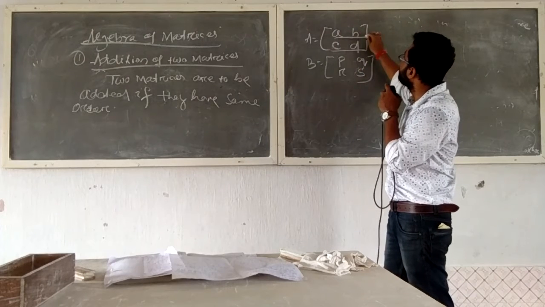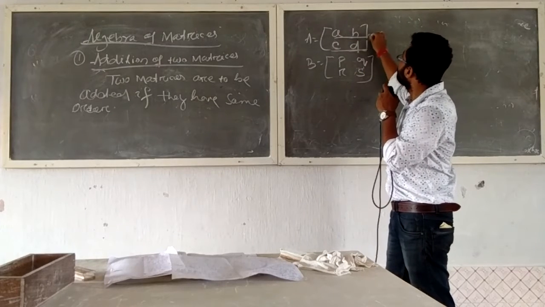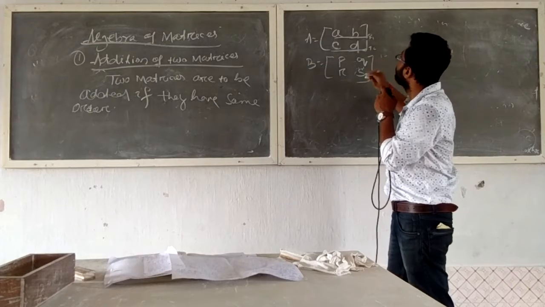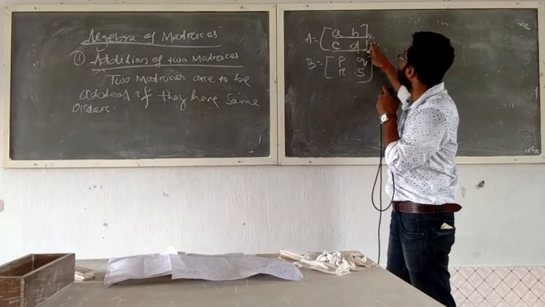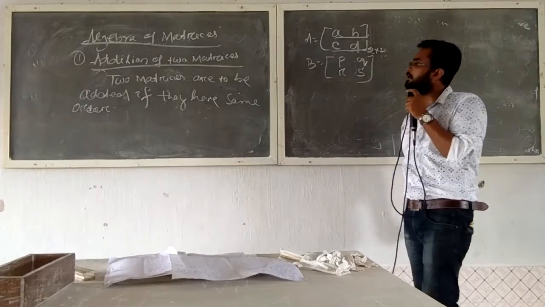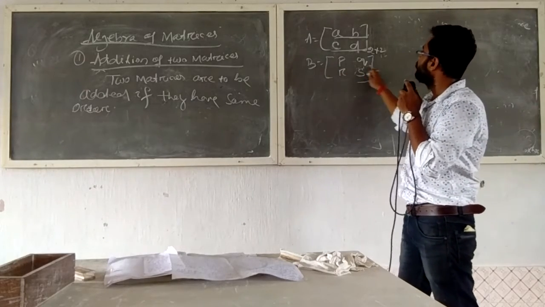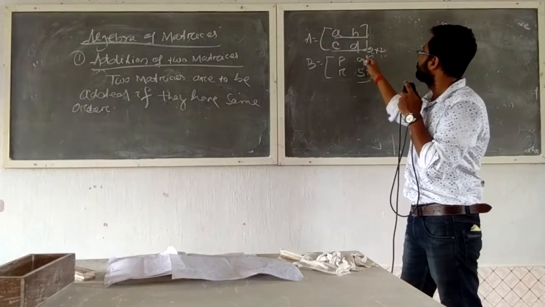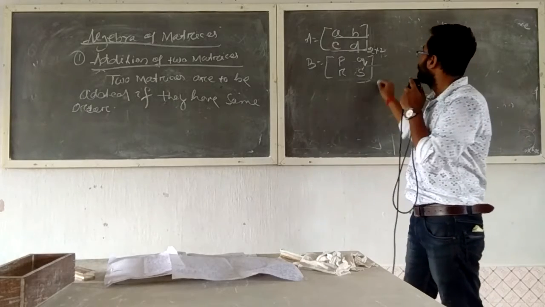This is R1, this is R2. This is column 1, this is column 2. So the matrix has 2 by 2 order. And B matrix is also 2 rows and 2 columns, so it is 2 by 2 order.